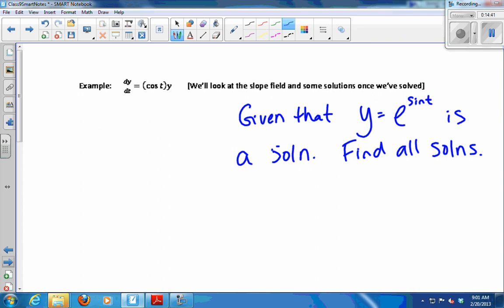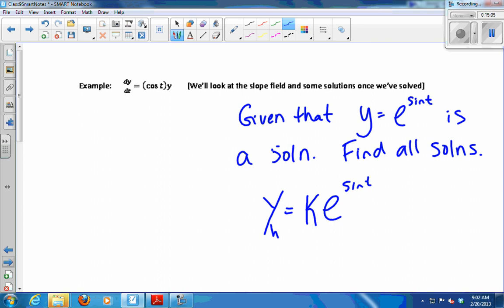My principle of linearity says that all I have to do is throw an arbitrary constant in front of this. My general solution would be y equals k e to the sine t. And we can verify that that is the general solution by separation of variables.